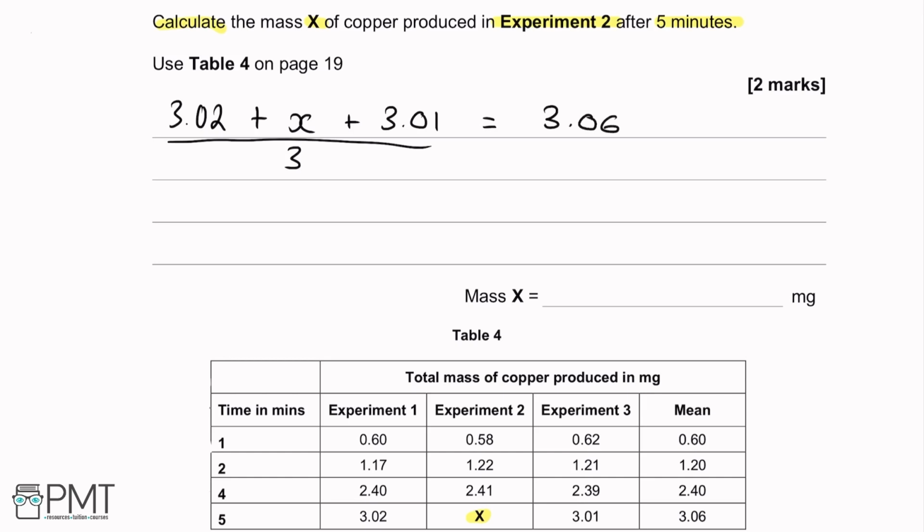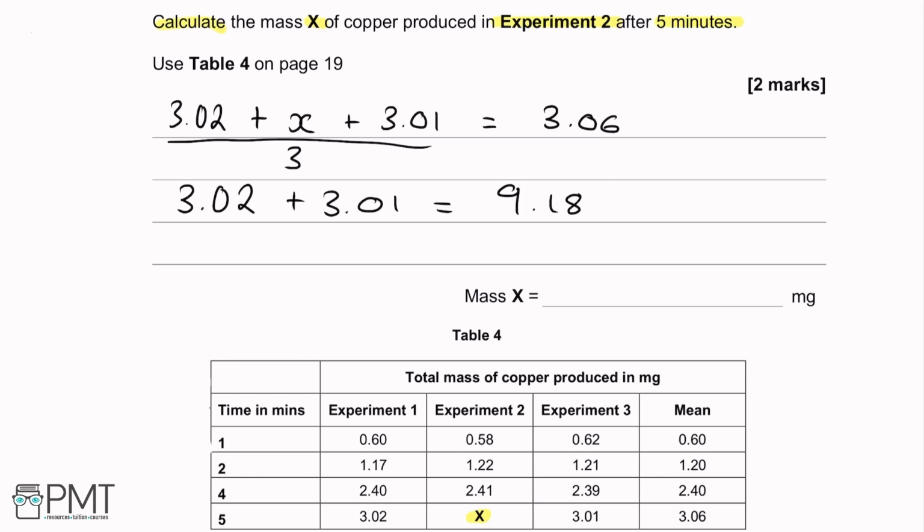Okay, so let's simplify that. Let's make that look easier. So we can times both sides by 3. So that'll get rid of that big divided by 3 on the left-hand side. So that will leave us with 3.02 plus 3.01 equals 3.06 times 3, which is 9.18.